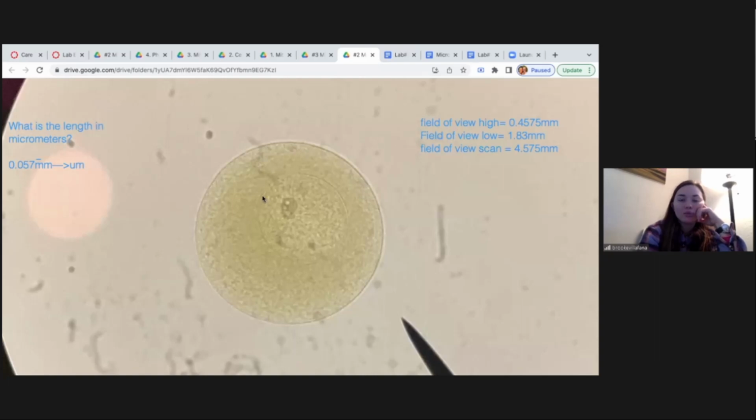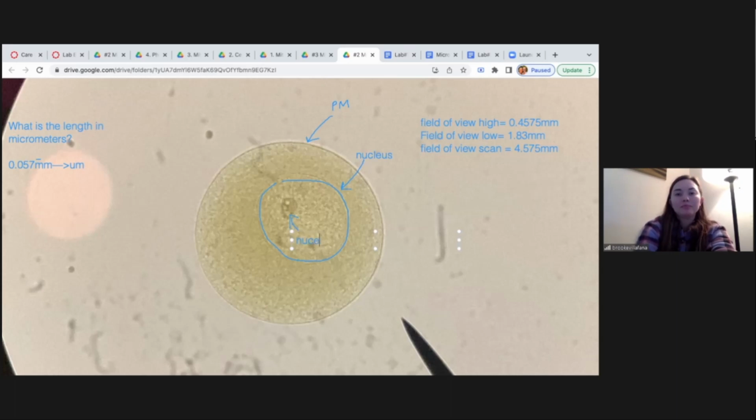So this would be the plasma membrane here, PM. This is the nucleus. This would be the nucleolus right here. And this over here is the cytoplasm. Okay, so you can label that right here.